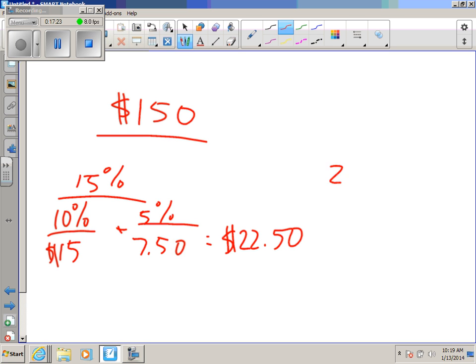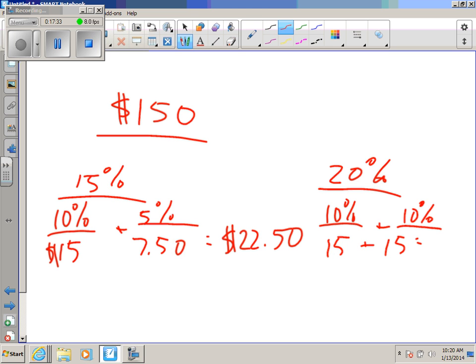20% is even better. The 10%, which is 15, plus another 10%, which is another 15, is 30. That's a $30 tip. So the bigger the bill is, the more tip they should expect.